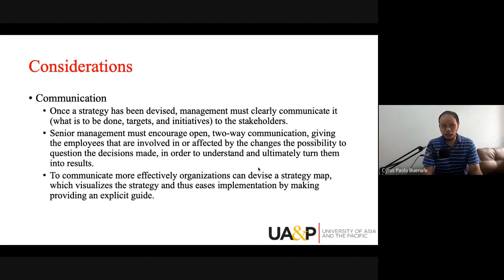And by making it visual, you are hoping that it would ease the execution and the implementation of the strategy very well. Okay, so that's the first consideration when you are devising a technology strategy, even for an organization. Well, you have to think of the communication strategy.